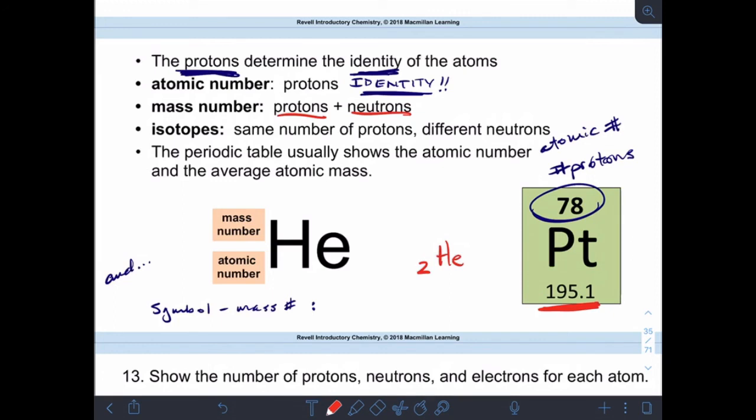And the number of neutrons is also 2, so the mass number will be 4. Okay? So another way to show that would be to simply put the symbol, a dash, and the mass number. So using this helium example, I would write this also as helium-4.